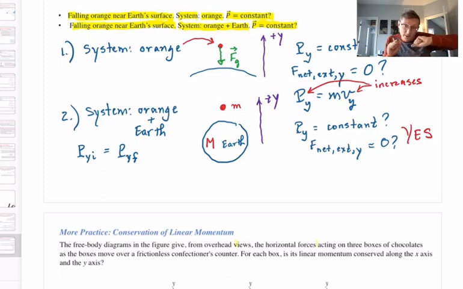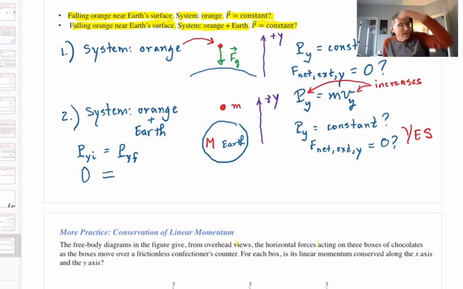I release the orange, just as I release the orange by whatever mechanism I have for doing that. Just then, velocity is 0. And since momentum is mass times velocity, the initial momentum is 0. I've got this isolated Earth orange system out in deep space. Okay?